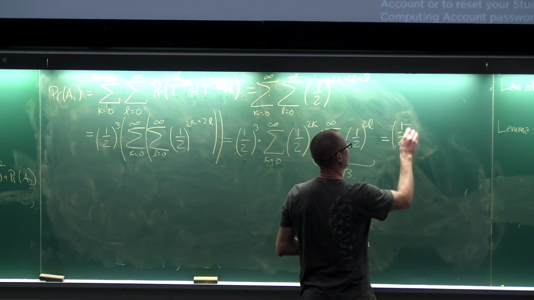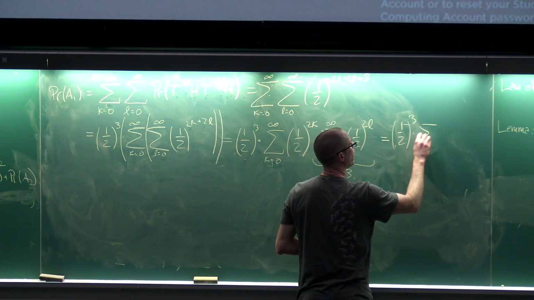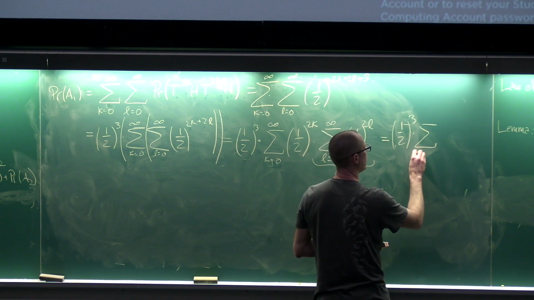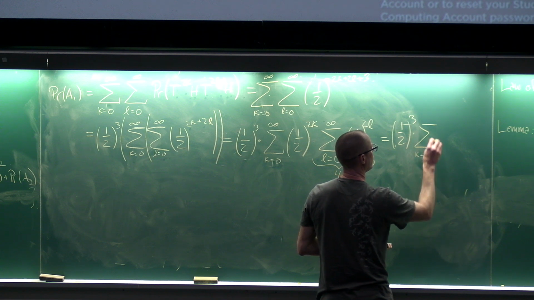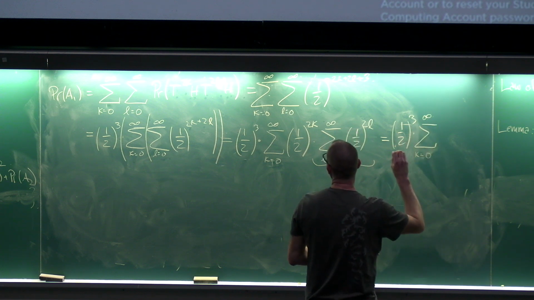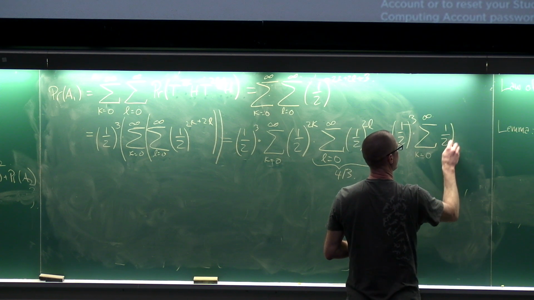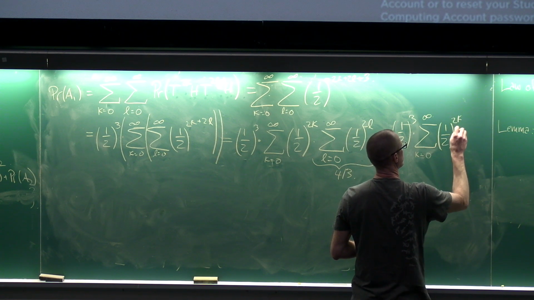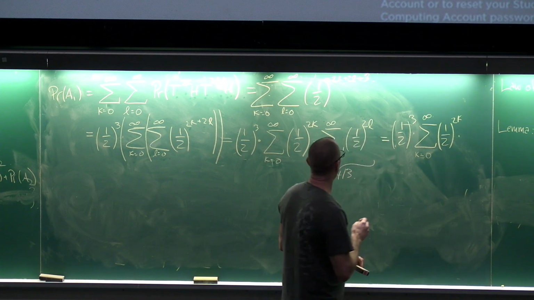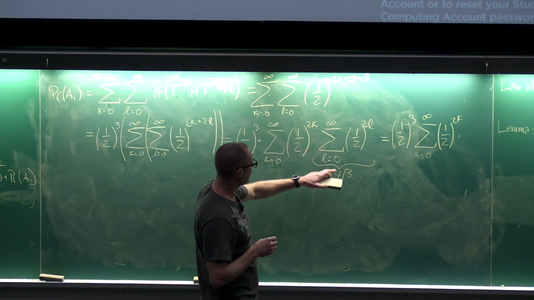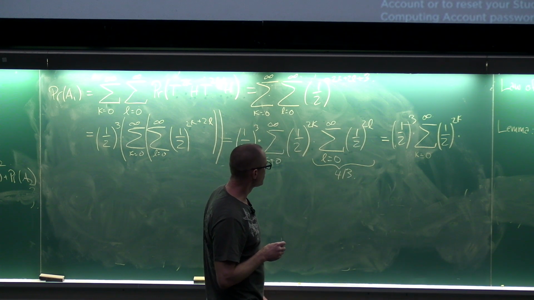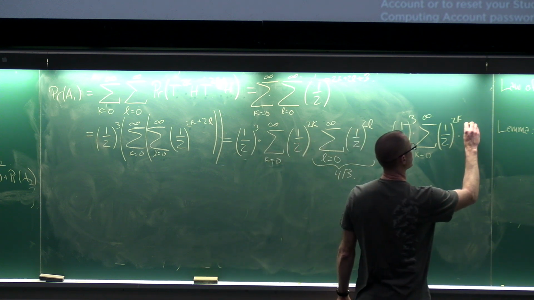So we've still got our 1/2 to the third. We still have our sum K equals 0 to infinity of 1/2 to the 2K. But everything in each one of these things ends up being 4/3.